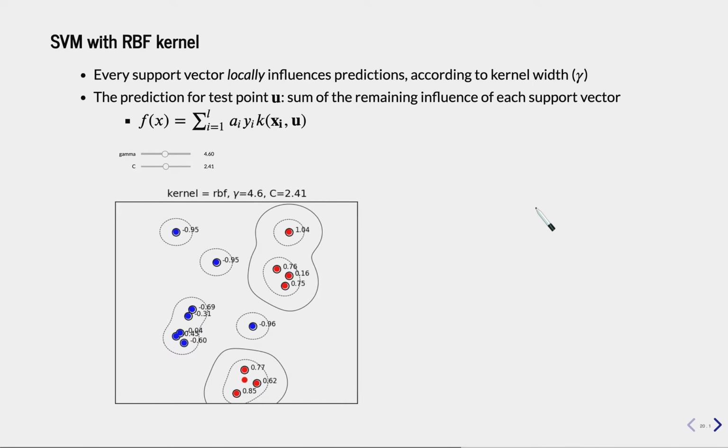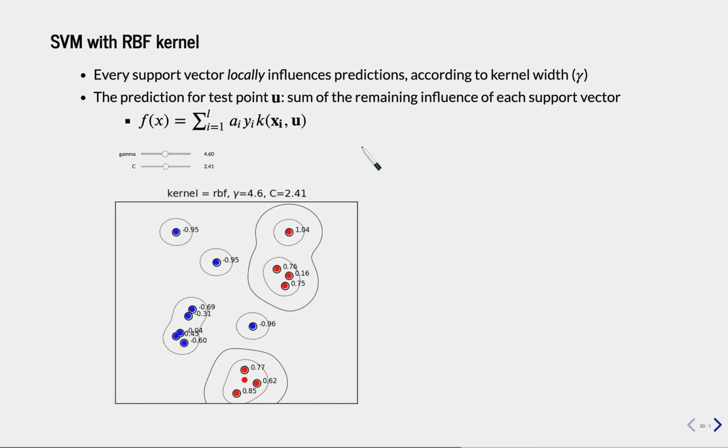To see this in a bit more detail, say I have these points. Now remember our prediction of our support vector machine. Given the test point u, we predict the value, negative or positive, by taking, in this case, not the dot product, but the kernel of our point x and another point u.